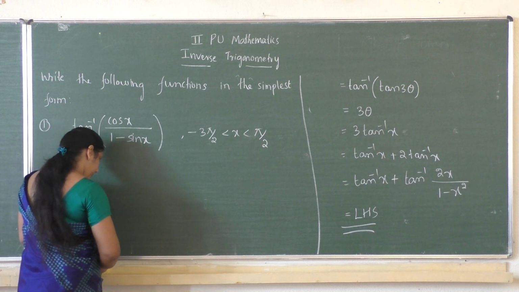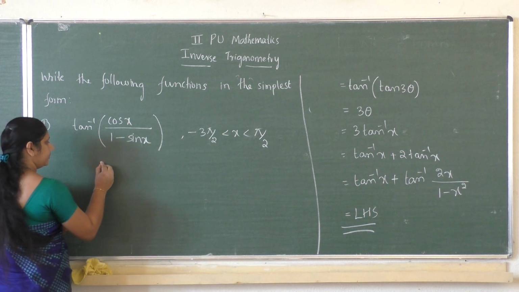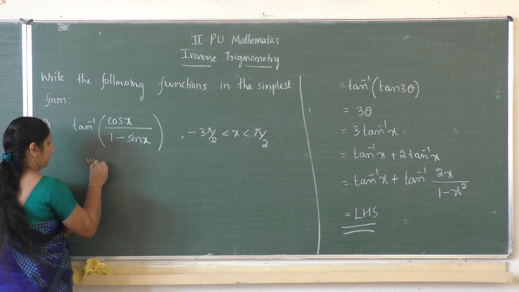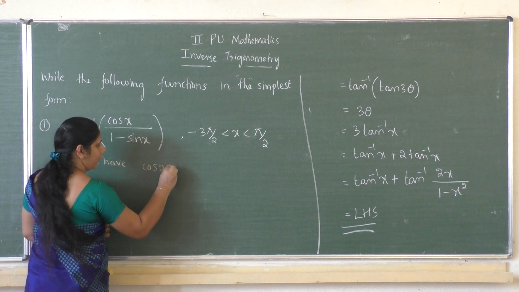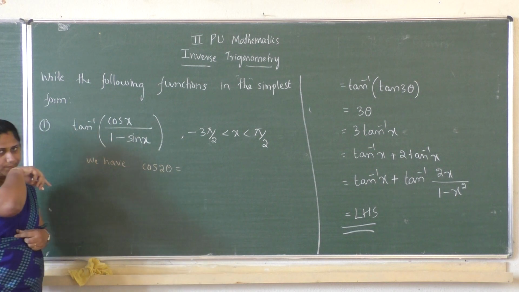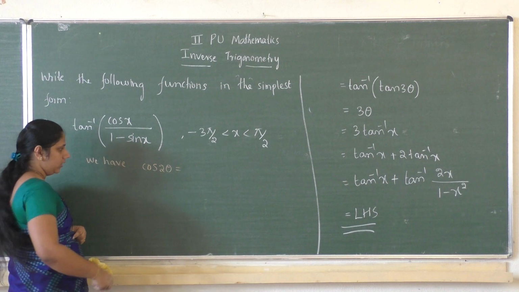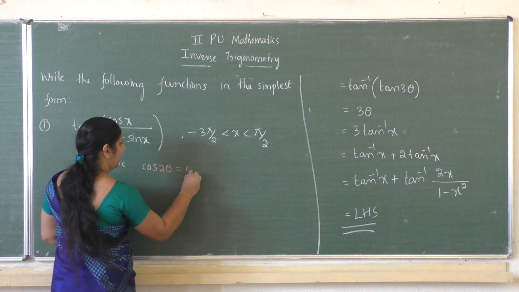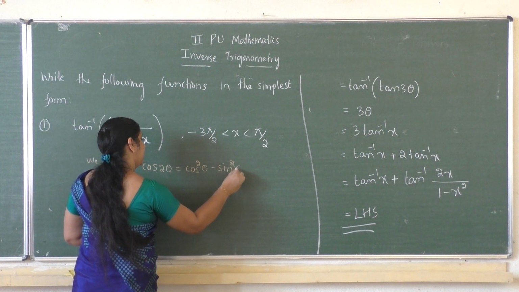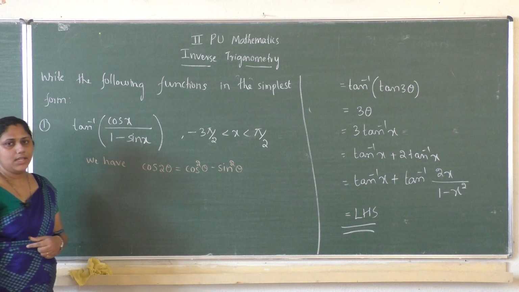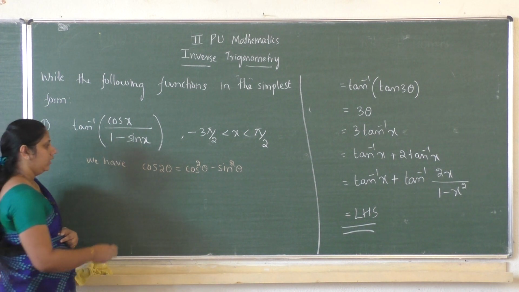Before doing this problem, we will recall some trigonometric formulas. We have the formula for cos 2 theta. What is the formula for cos 2 theta? We have 4 formulas, but we will take only one now. Cos 2 theta is cos square theta minus sin square theta, right?